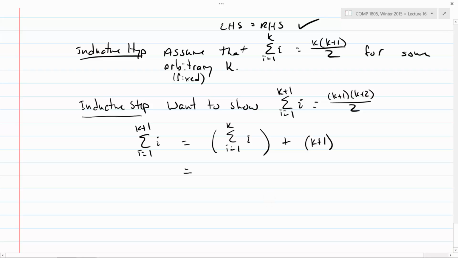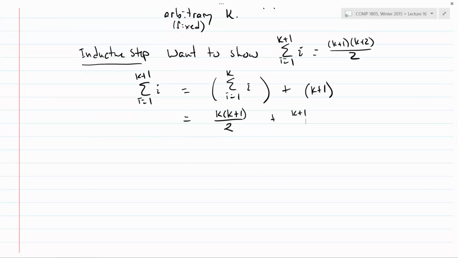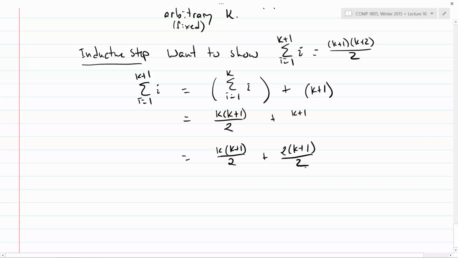All right, so now that I have that, I can apply what I know. I know from my inductive hypothesis that this sum is just k times (k plus 1) over 2. And I have this other k plus 1 there. So I want to add these things together. I have a common denominator of 2, and watch your brackets here, so the 2 applies to both of those things.